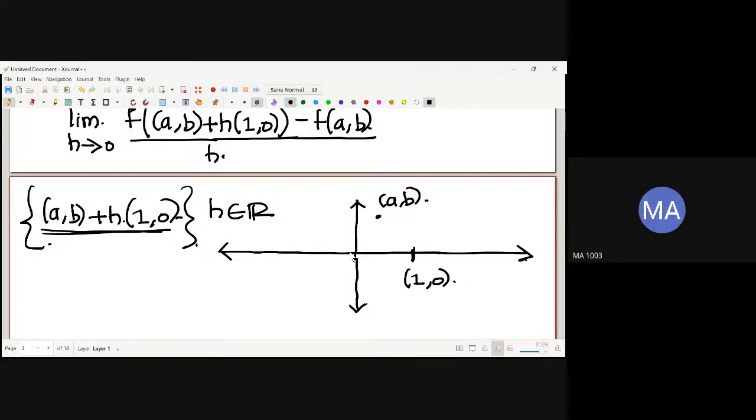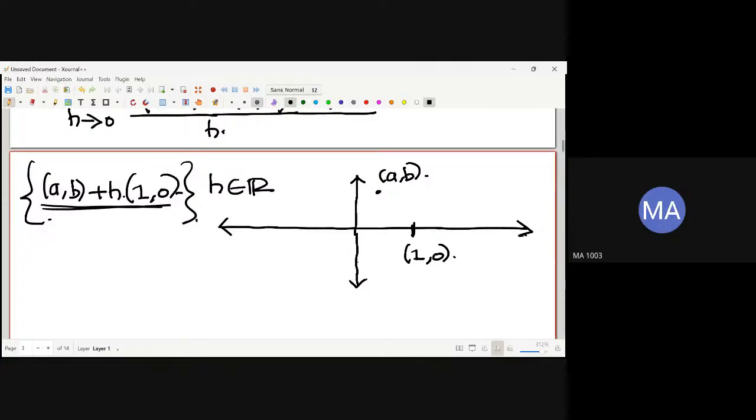Correct, that is fine, but I'm asking about this one. This is change of x coordinate in the direction of 1 comma 0. You have studied in week 8 the inner product, right?